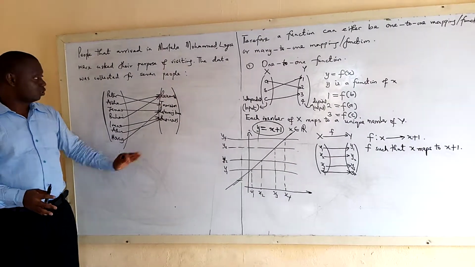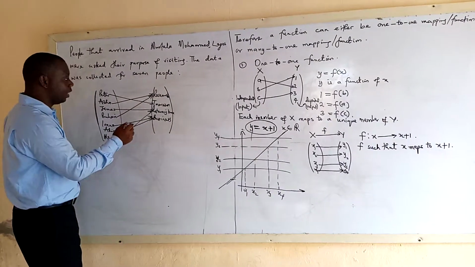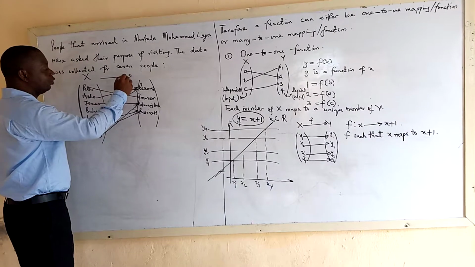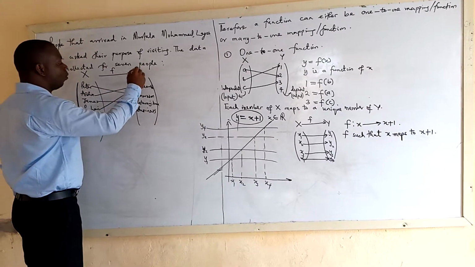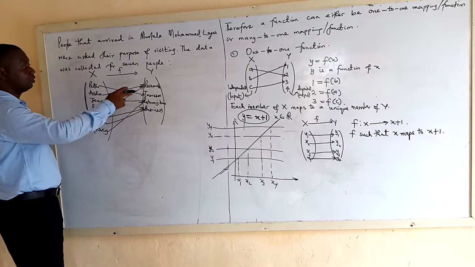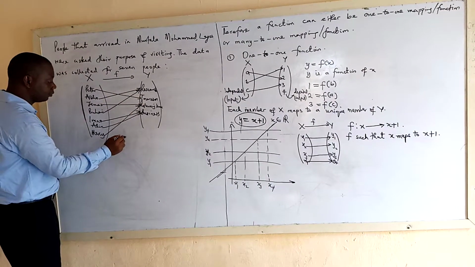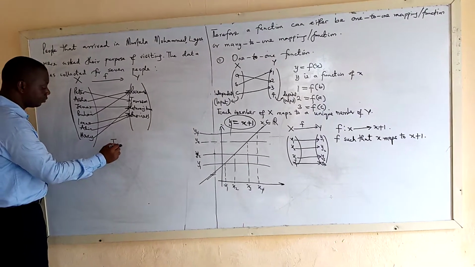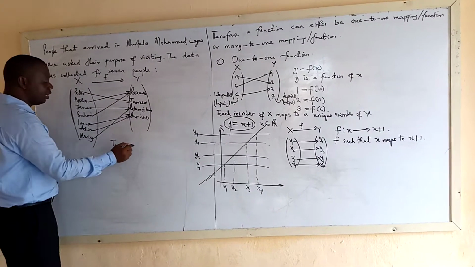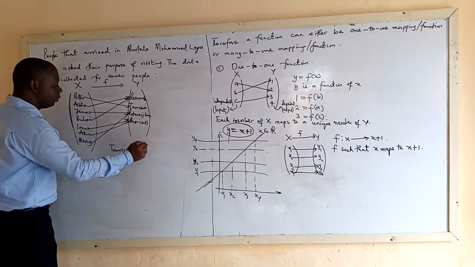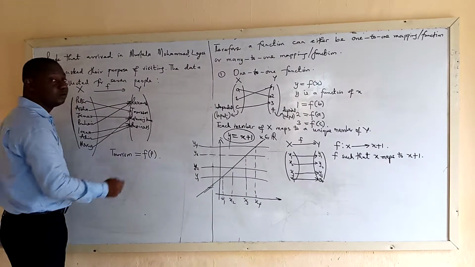So if I want to start putting it one by one now, if I say here is X mapping to Y, I will say that if I start with tourism, tourism is a function that Peter comes for.